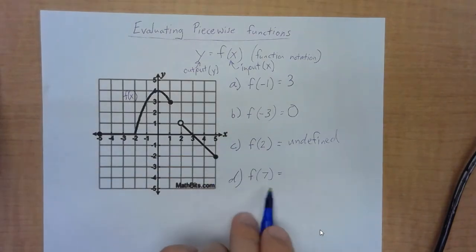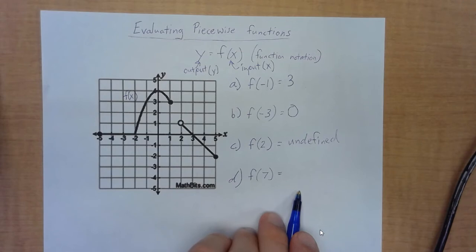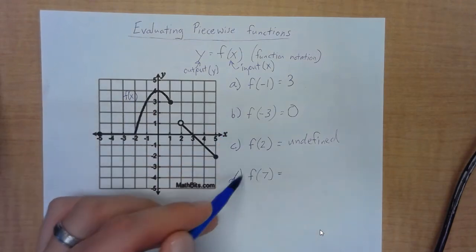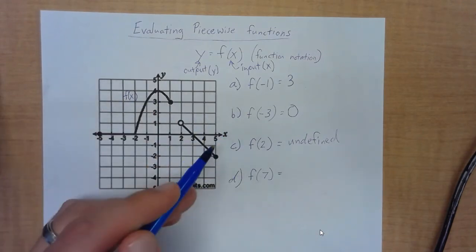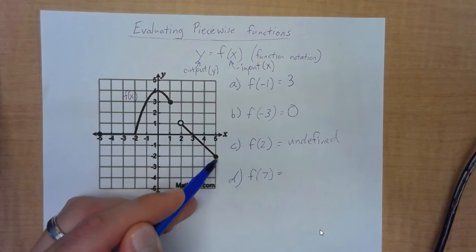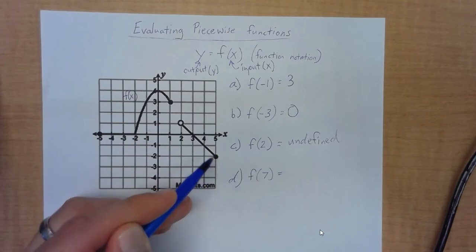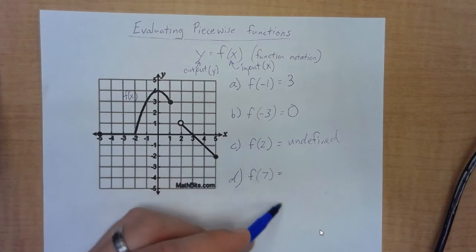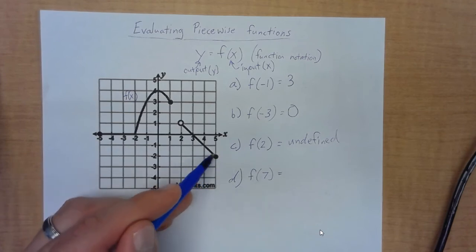And lastly, f of 7. That's not shown on this graph, but if you take a look, we have a closed dot here to end it. So it's not an arrow that just extends into infinity. It ends right here.